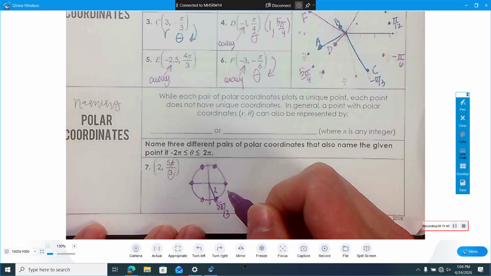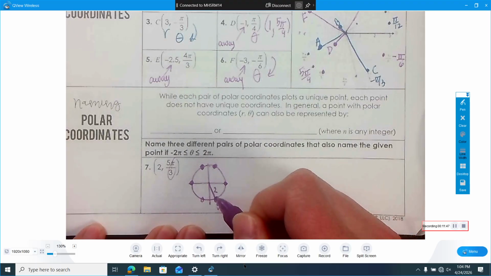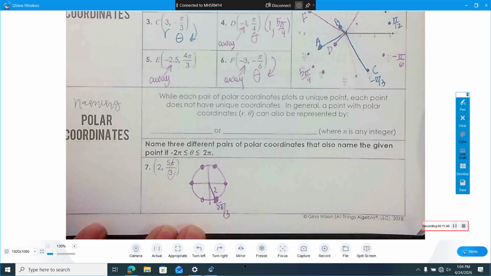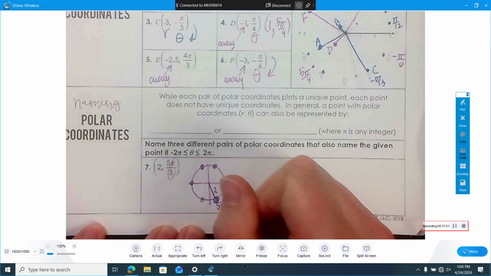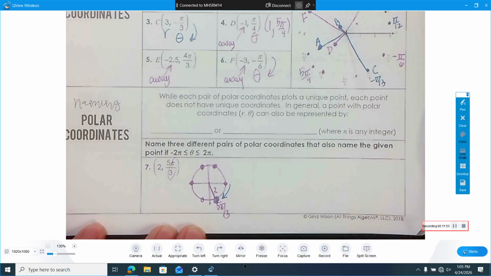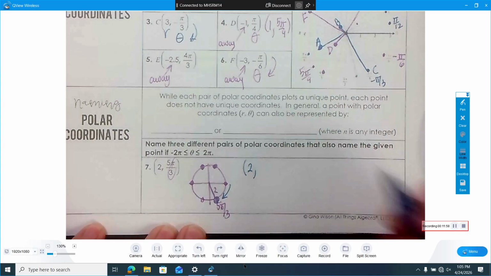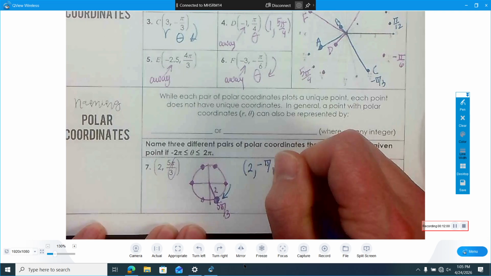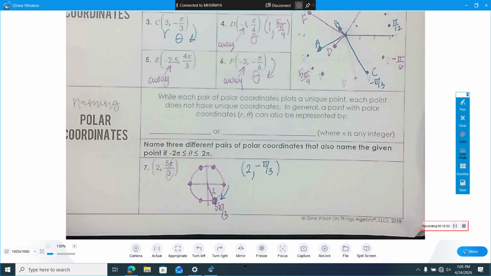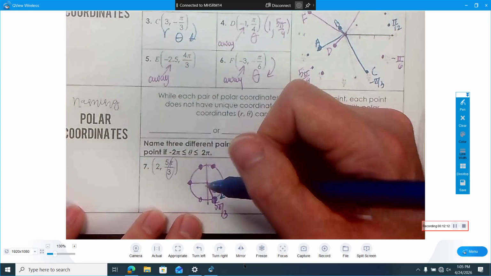What's another name that I could get for this point right there? Yeah, we could use the negative angle to get there. So still using the same radius of 2, but I can use the negative angle, negative pi over 3. What else could I do? Negative 2 pi over 3. Very good.